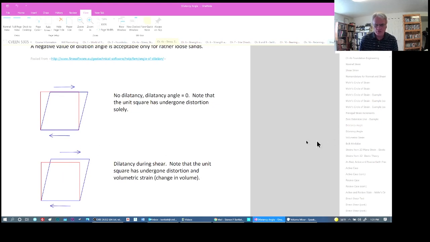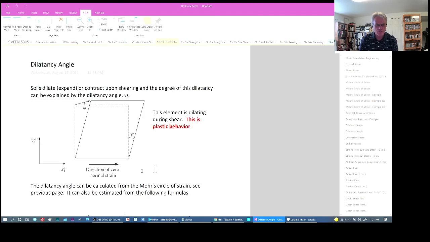So if we look at just that simple geometry, comparing pure simple shear against something that's shearing and dilating, then we can define the dilatancy angle here as just the angle from the corner of the undeformed square to the deformed square here. If we just draw that, that becomes the dilatancy angle. That's the geometric interpretation of it.